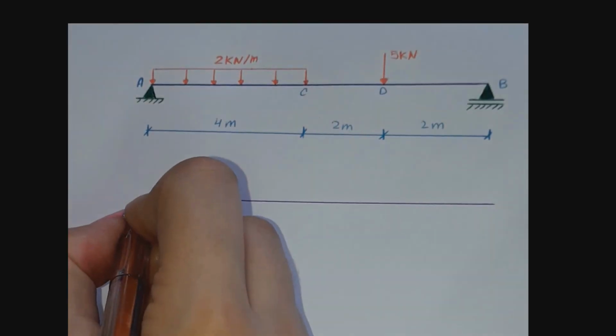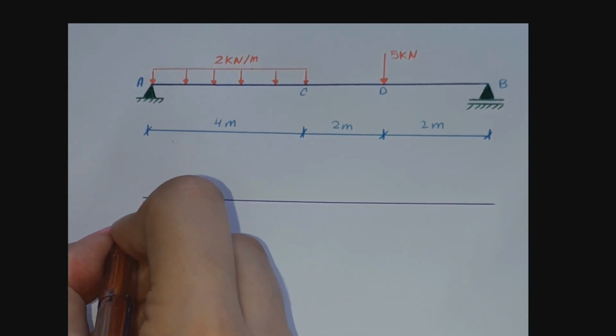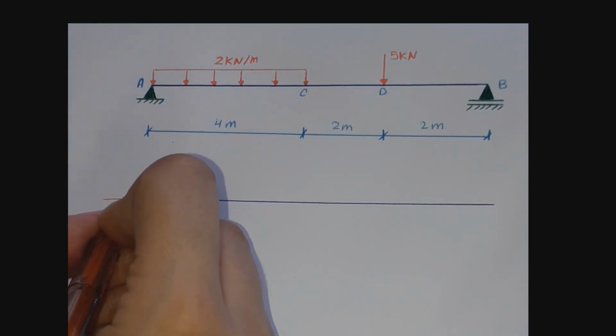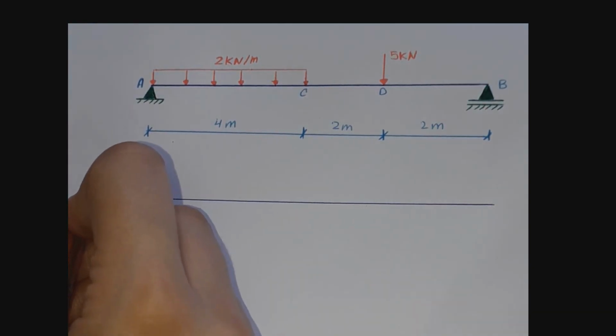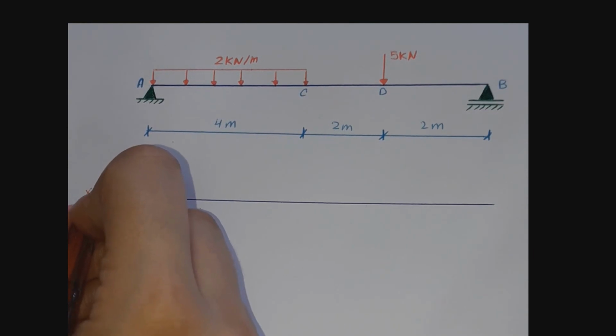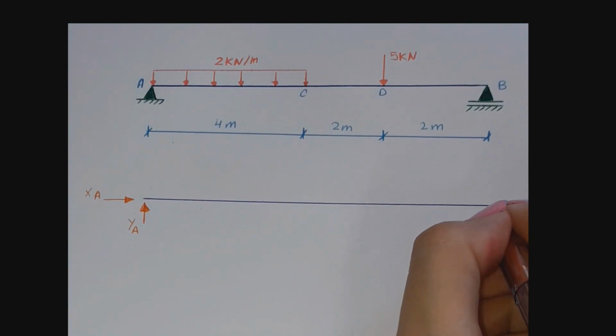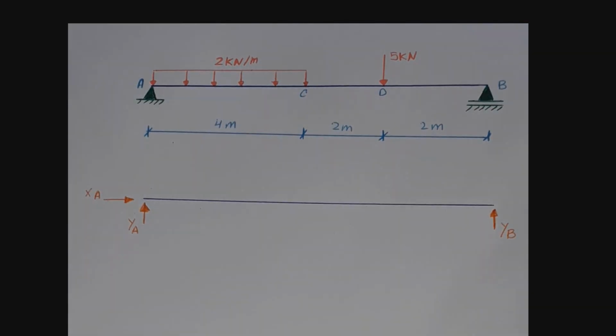So here at point A, I will assume that YA is in the positive direction of Y and XA is in the positive direction of X. Here at point B, we have a roller support, so we have just a reaction in the Y direction.